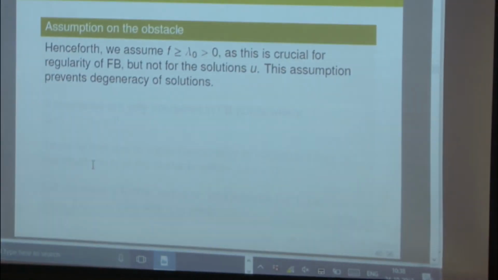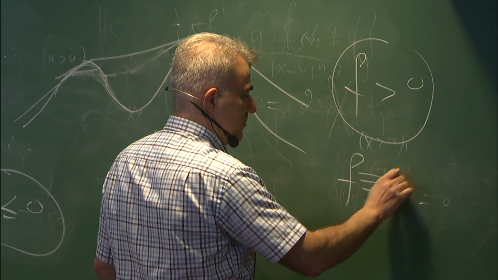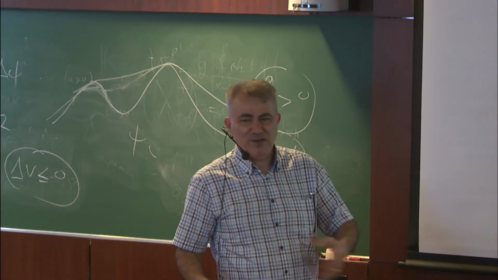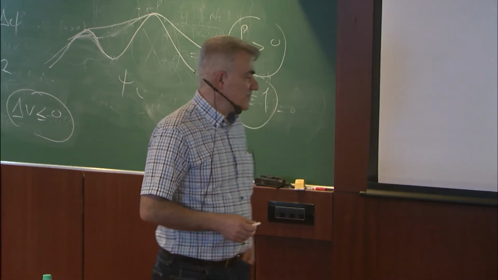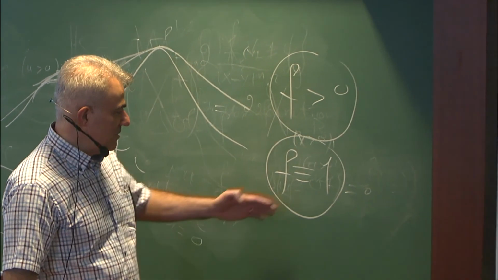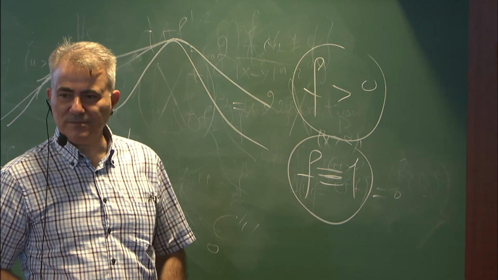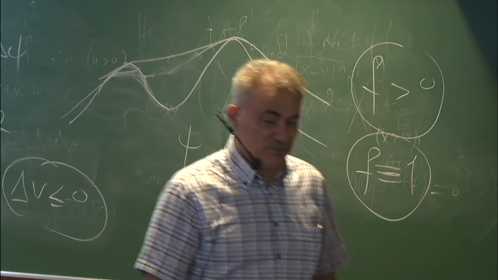So we're assuming F is positive. From now on, F is positive. And I will actually soon set this to be 1, because 1 or positive is the same thing if you're C alpha. You will also see the reason why this is not so much of a restriction, and that has to do with scaling techniques.